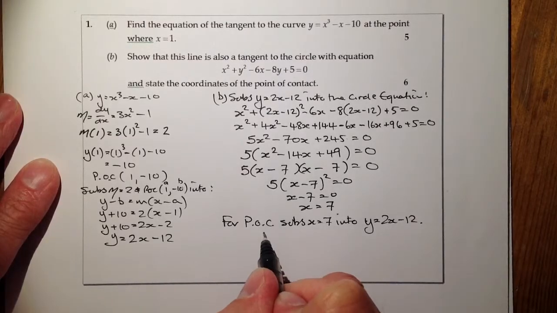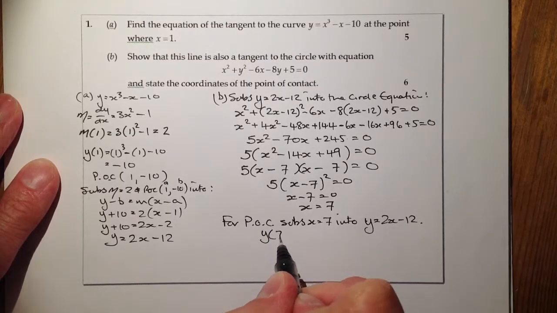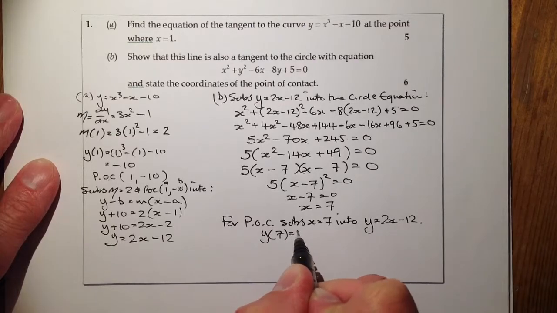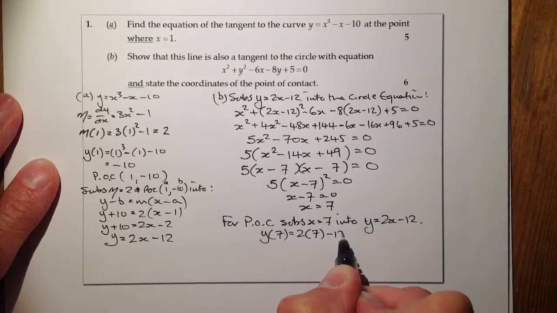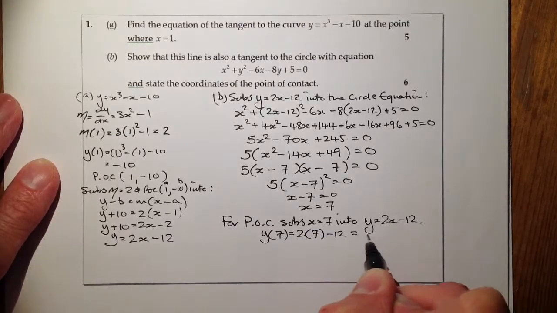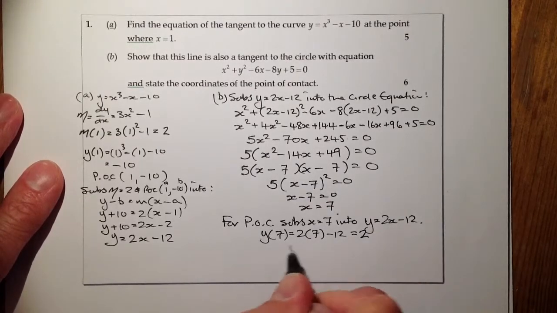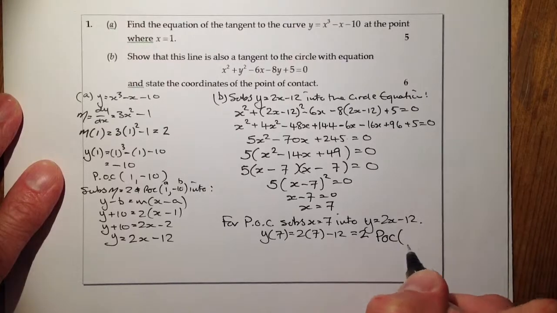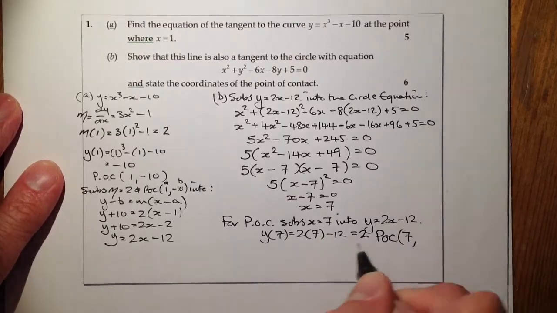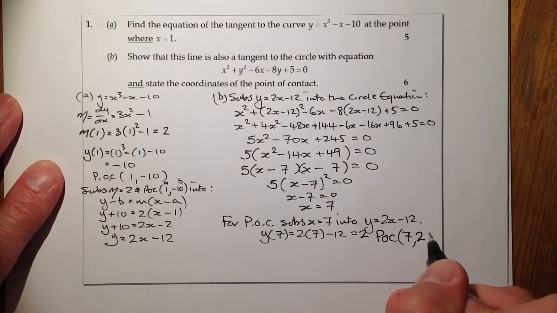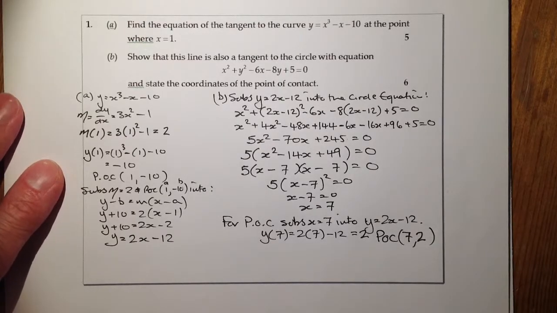So y, when we substitute 7 in for x, is equal to 2 times 7 minus 12. 14 minus 12 gives me 2. So the point of contact here is 7 for x, 2 for my y. That's that.